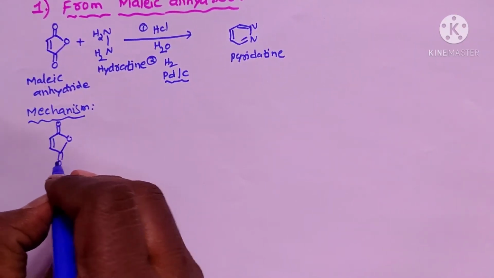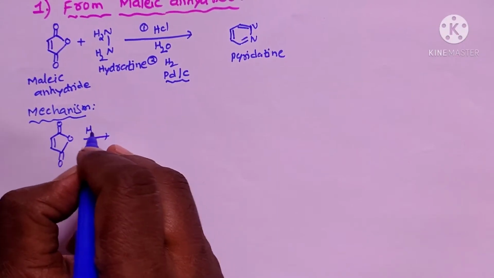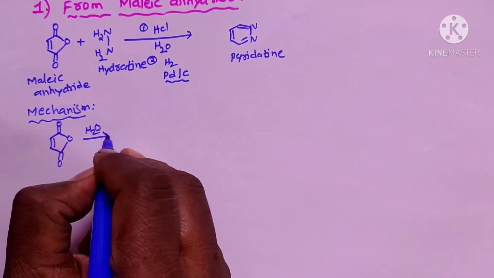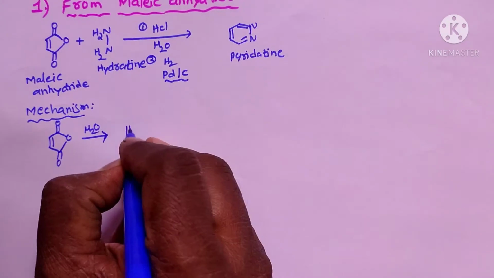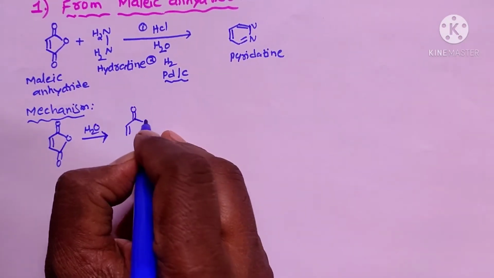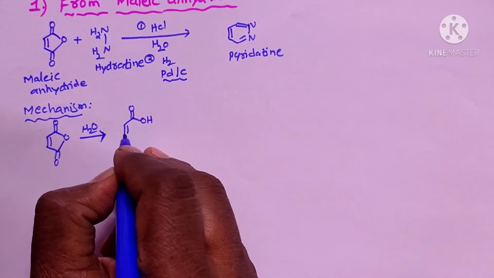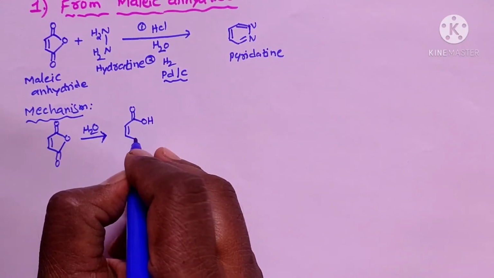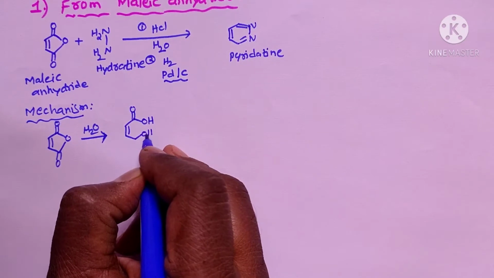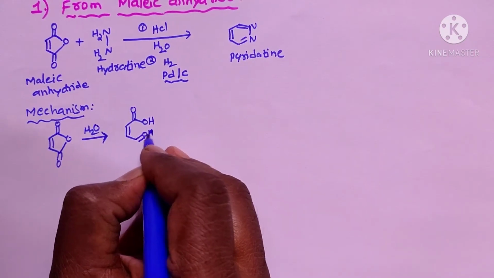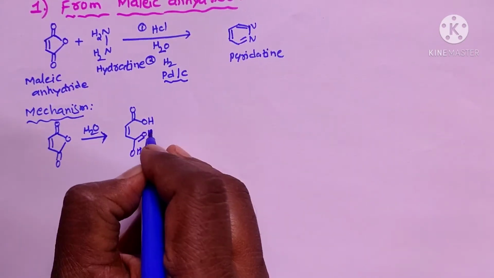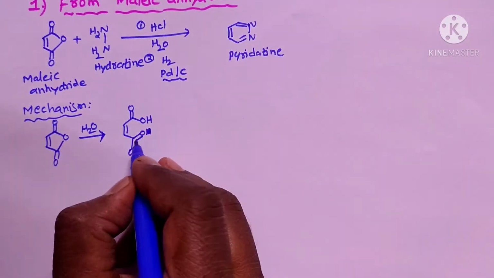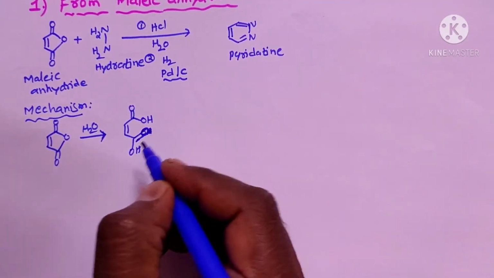When it undergoes hydrolysis, we get the acid, maleic acid. Here we have one more COOH, but for convenience we write OH here, ketone group here, and hydroxyl group here. So this is also maleic acid.